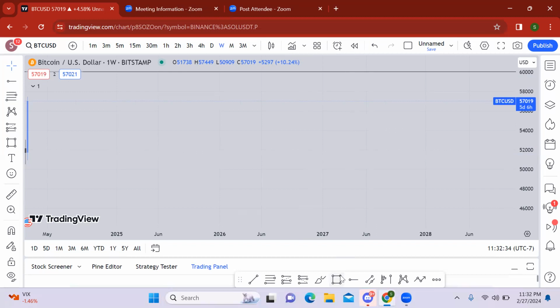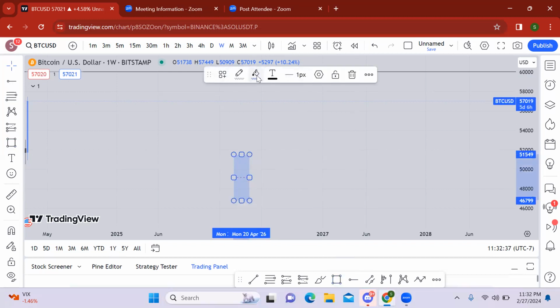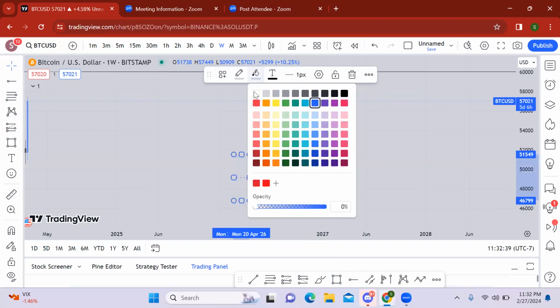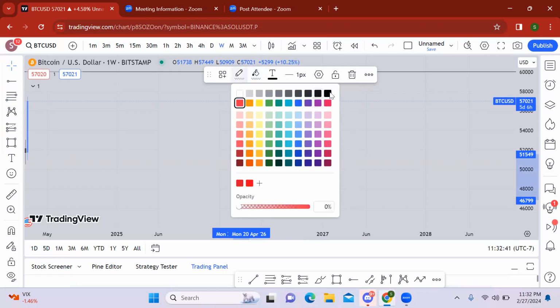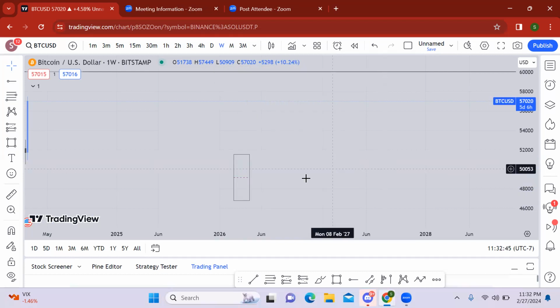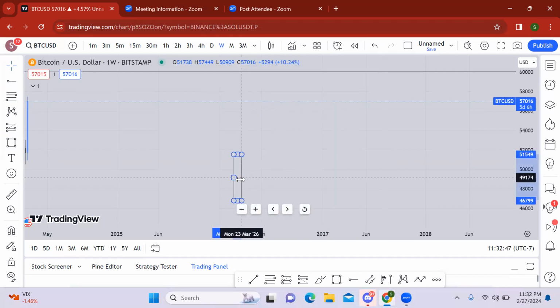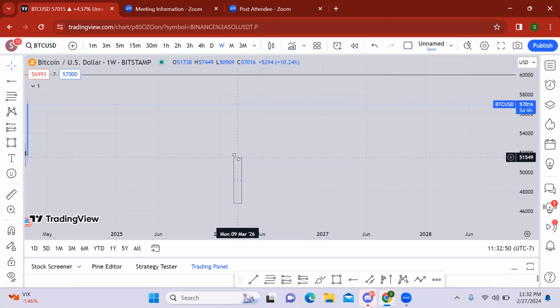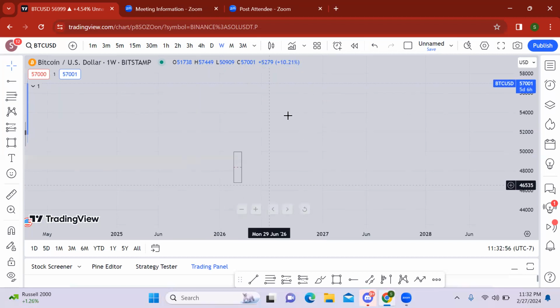Okay, so first, this is supposedly one candle. Now imagine the market is going up.